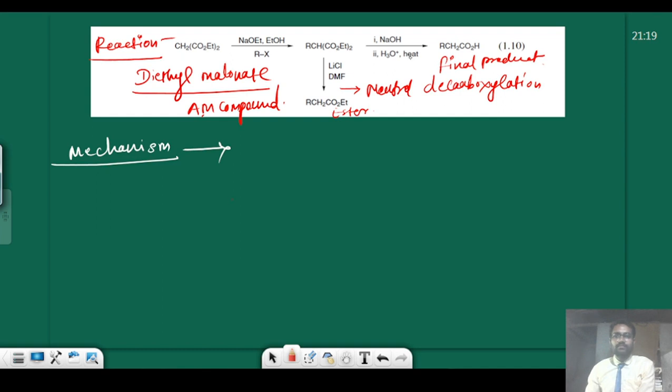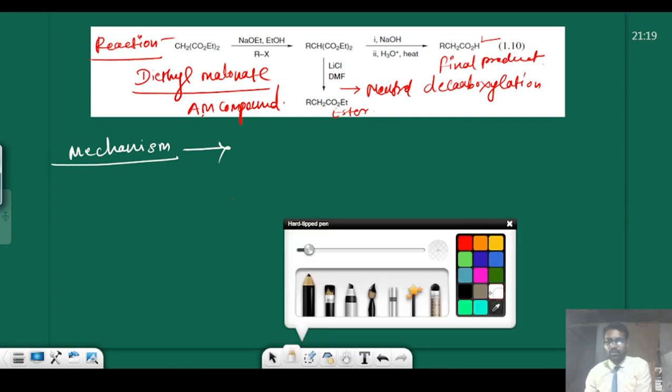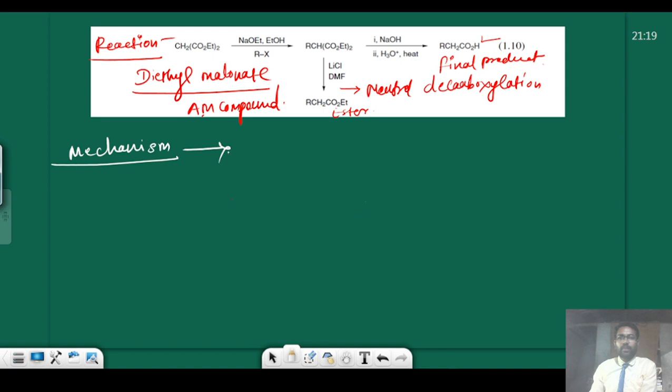But in the basic hydrolysis, after doing the decarboxylation, we get carboxylic acid. Let us discuss the mechanism of this particular reaction. It is as simple as we can understand like this. Let us discuss step number 1.